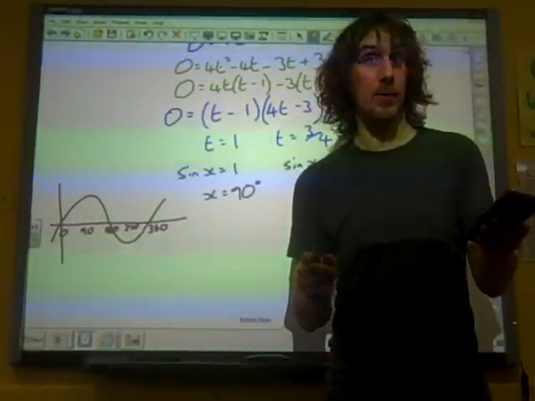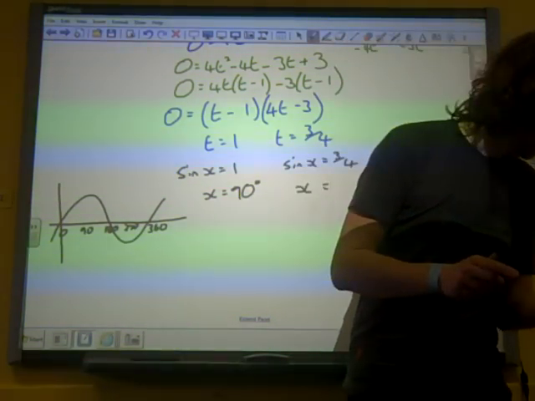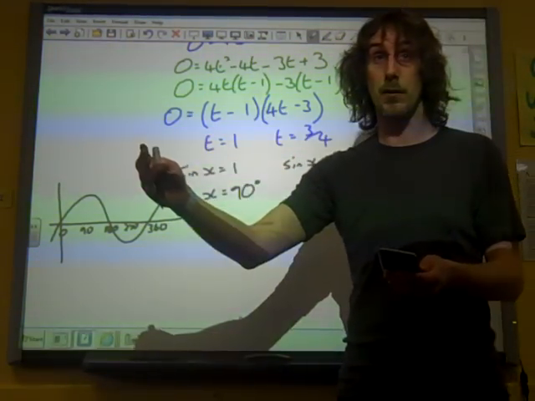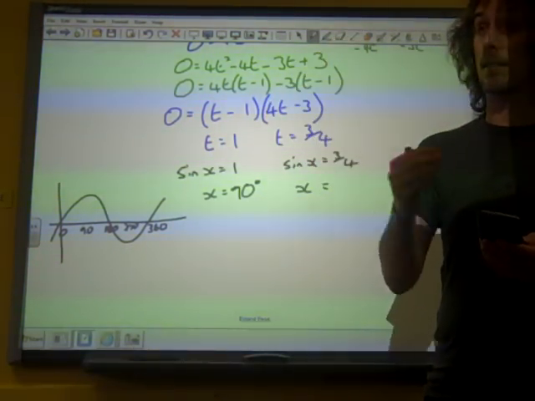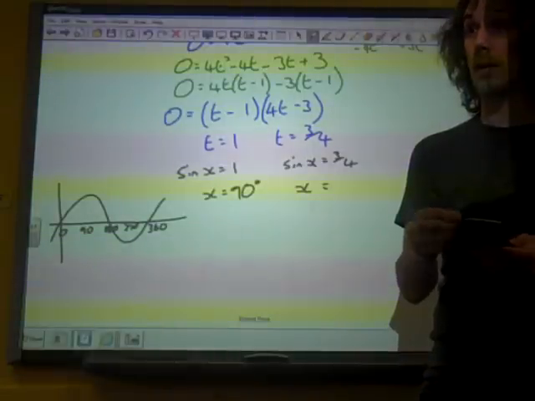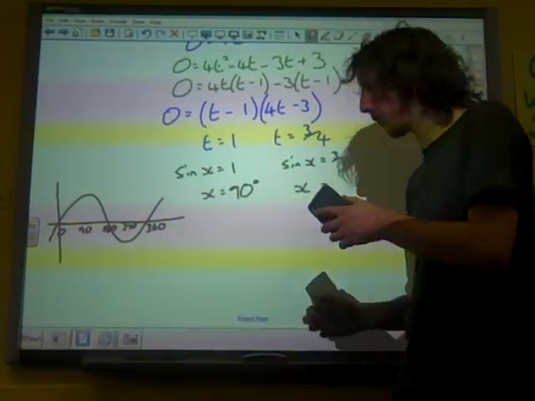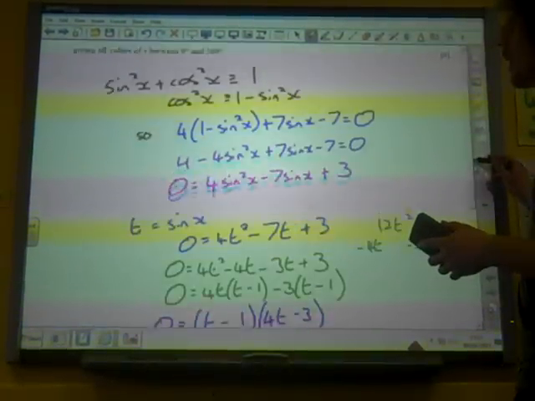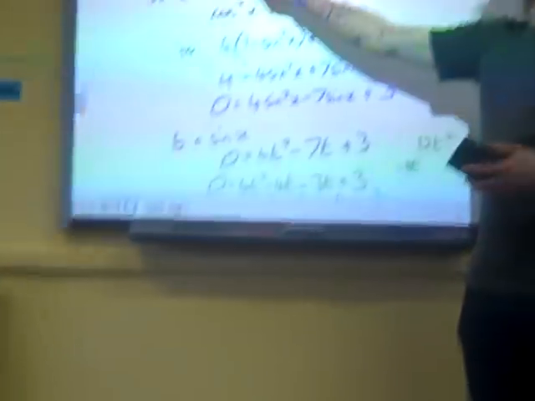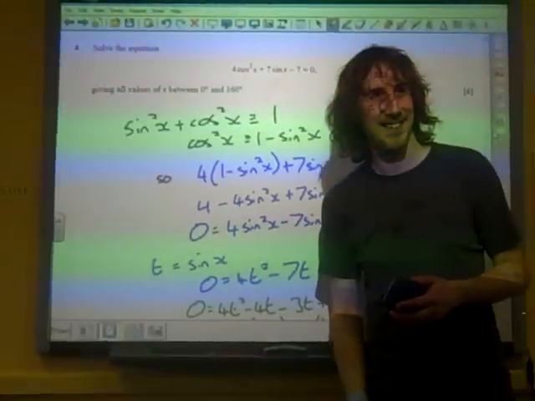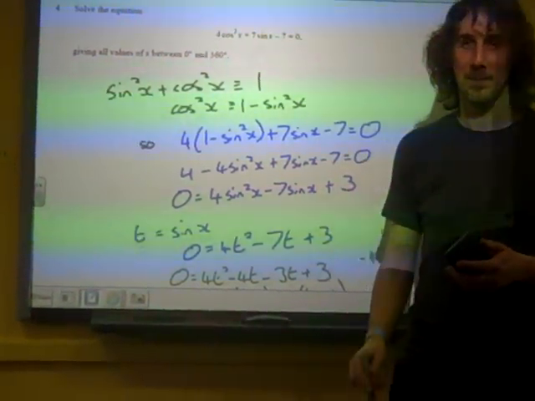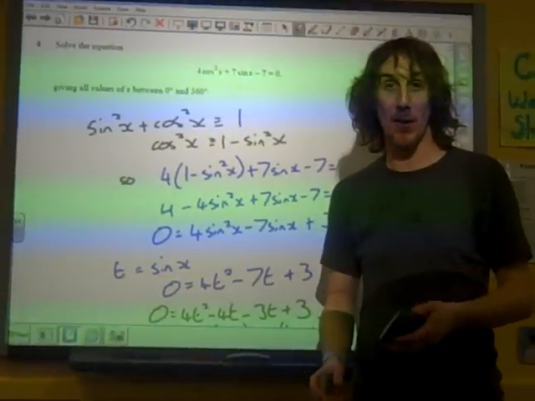Yeah, the last question that we just did. It was the question before this in the paper, question 3. You had to be working in radians really, didn't you? So your calculator was probably in radians mode. And yet now we find ourselves doing a question that has to be in degrees, giving all values in degrees between 0 and 360. That's just doing everybody watching a big shock.